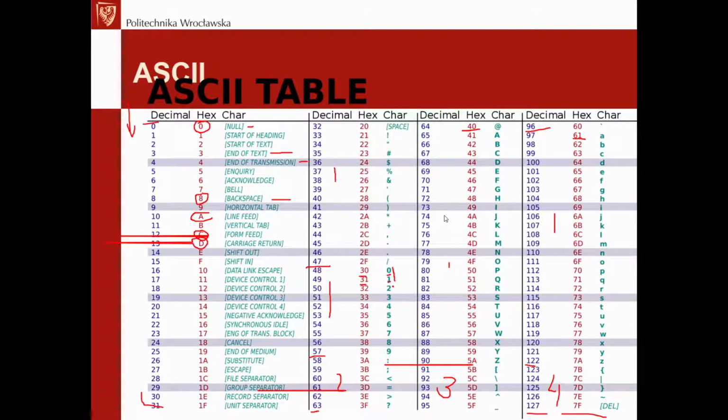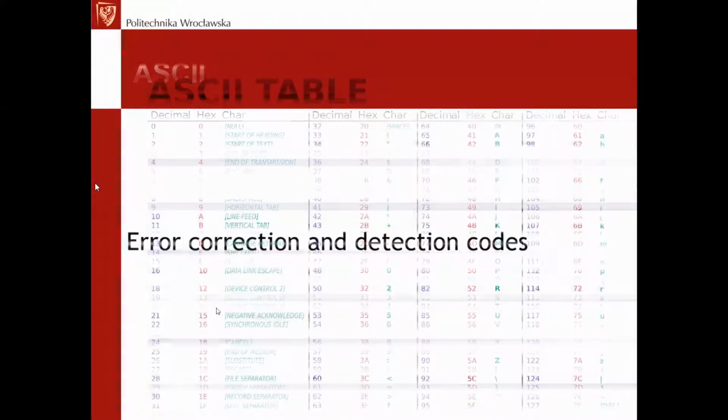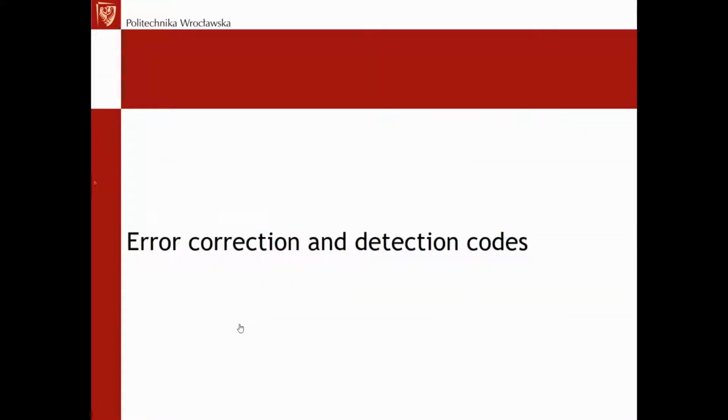The same works in the reverse way. When you have a character, you can subtract 30 hexadecimally or 48 decimally, and you get back to a binary value of 0, 1, or whatever you want. So that's the ASCII table. Very important thing in engineering, in practical applications.